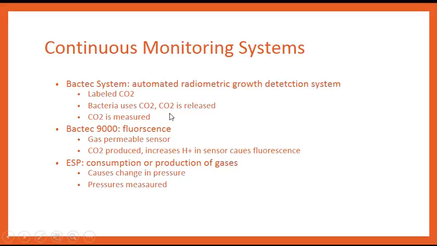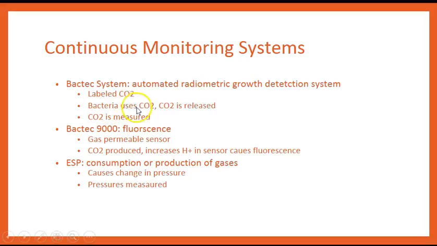Okay, these are the blood culture instruments. The BACTEC system uses automated radiometric growth detection, and the bottles are labeled, and you know what that means. It's labeled with fluorescence or a gas or something radiometric to it.